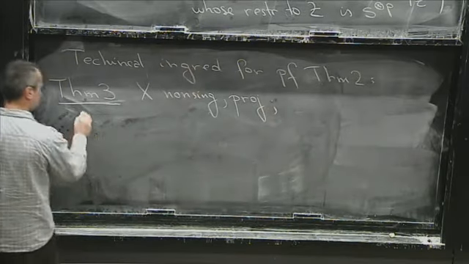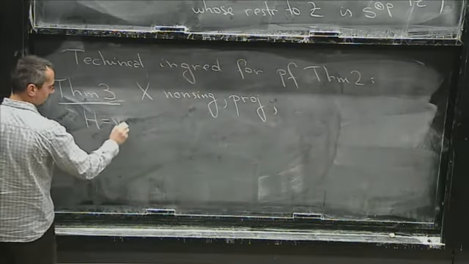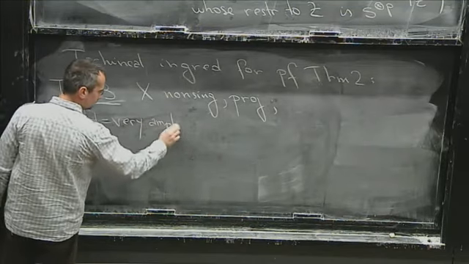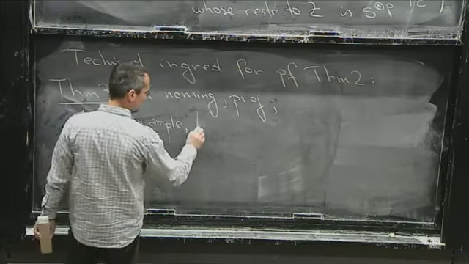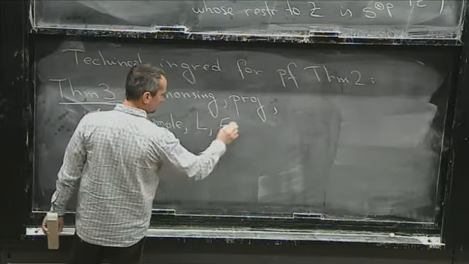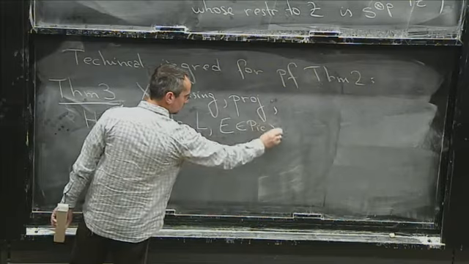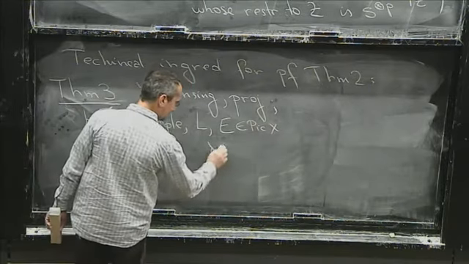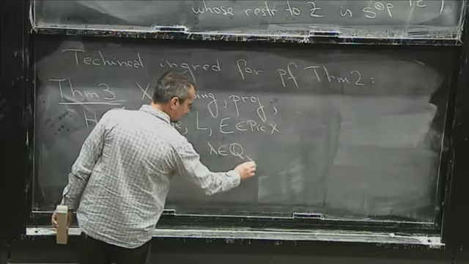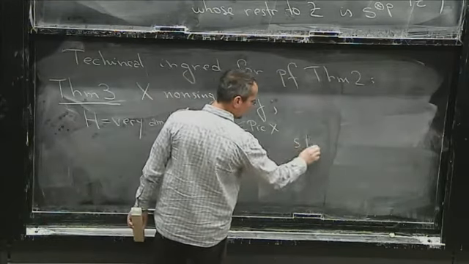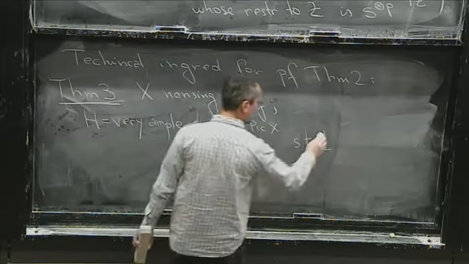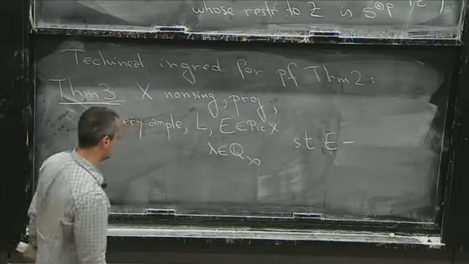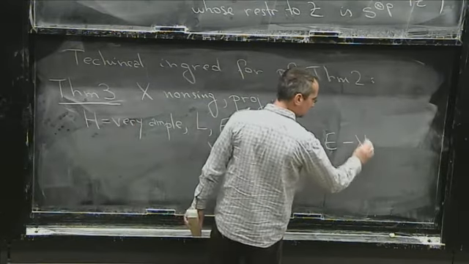So H will be some fixed, very ample line bundle or divisor. So I'm going to have L and E in Pic of X. And I'm going to take some parameter lambda such that the difference, I guess E. So again, now I'm going to write it additively. I hope there's no confusion. E minus lambda times L is actually nef.